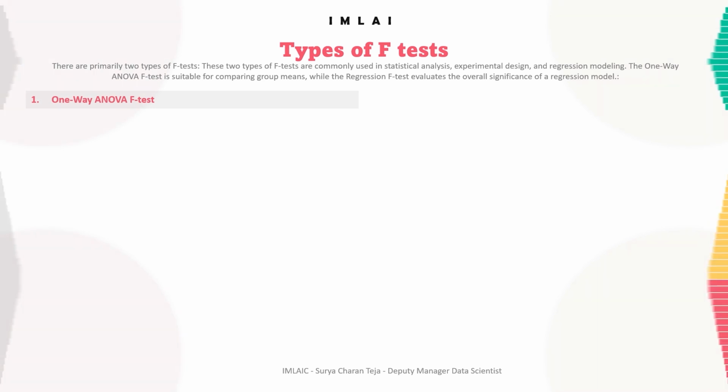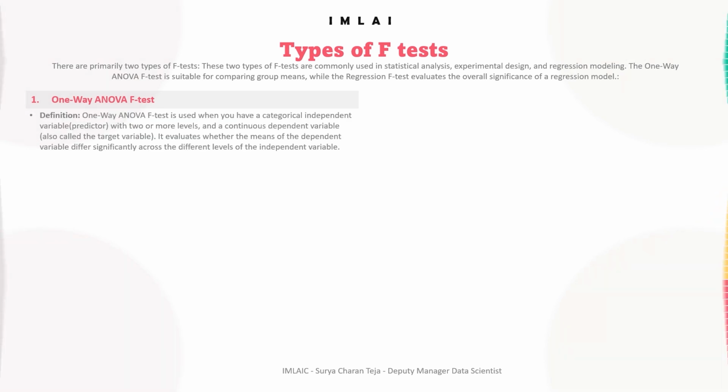So a one-way F test is used when you have a categorical feature and a continuous target variable. We will encounter these kinds of situations a lot of times, and that's the reason this is a fantastic tool to have in your toolset. It evaluates whether the means of the dependent variable differ significantly across the different levels of the independent variable.